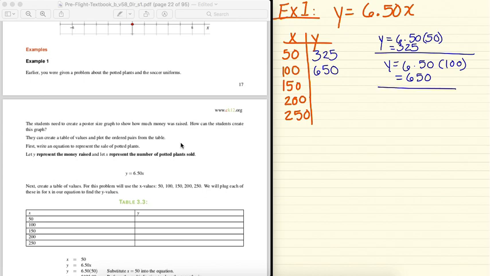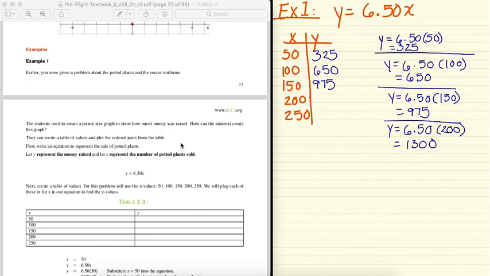And now we're going to plug in 150, which is $975. And then we're going to plug in 200, which is $1,300.